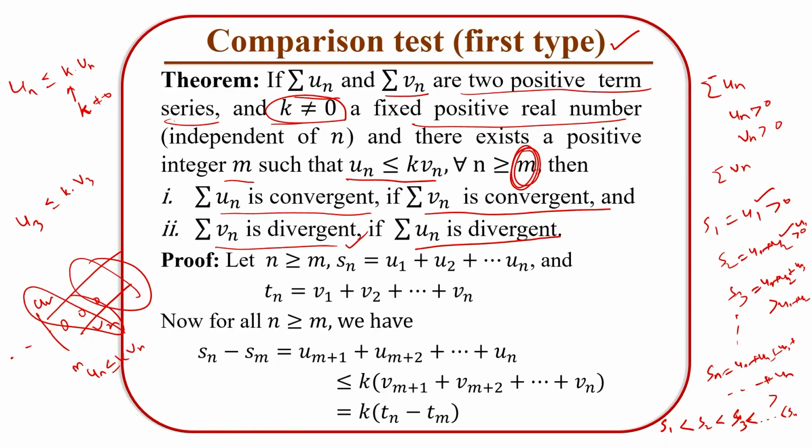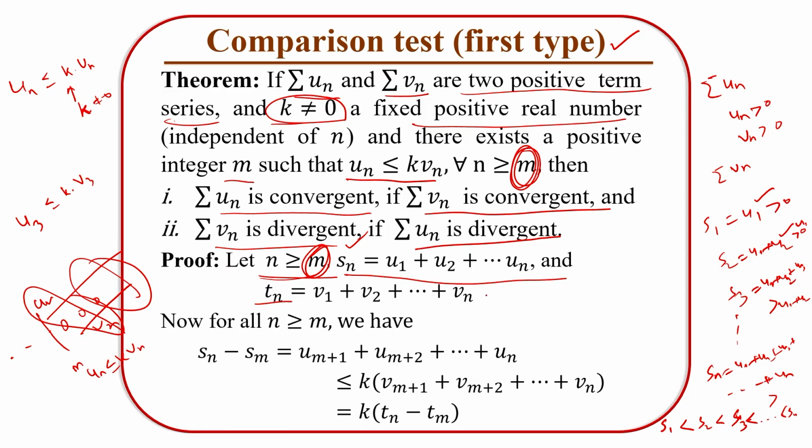Now the proof is quite easy. It is given that for n greater than or equal to m, where I fixed m as a positive integer, I will have Sn equal to u1 plus u2 plus up to un, and this is the nth partial sum of the series sigma un. Similarly, I name Tn equal to v1 plus v2 plus up to vn.